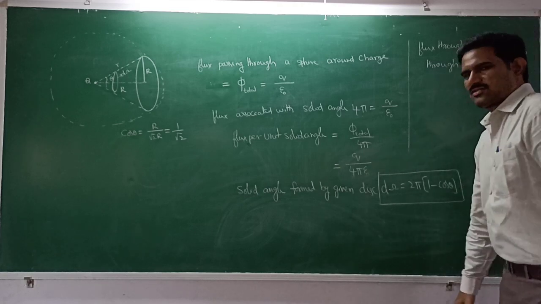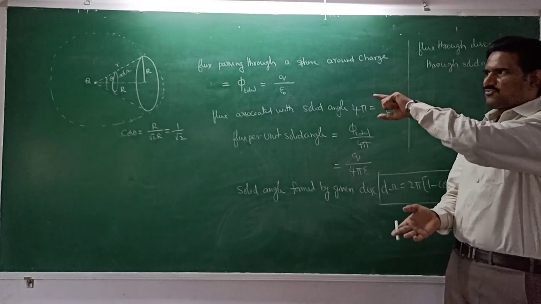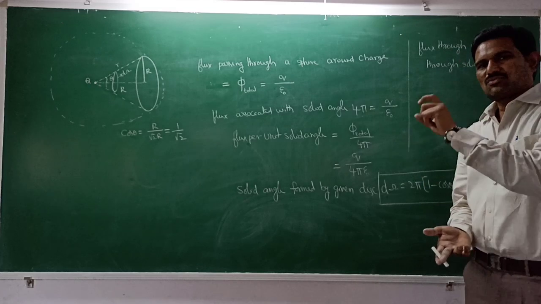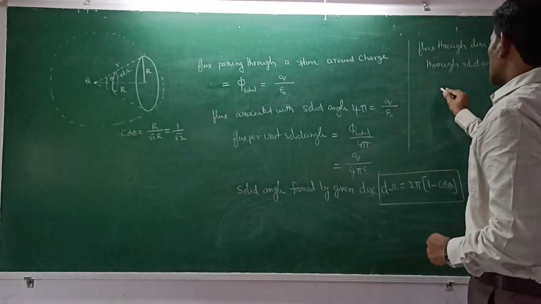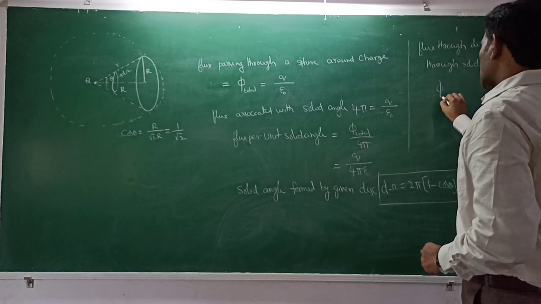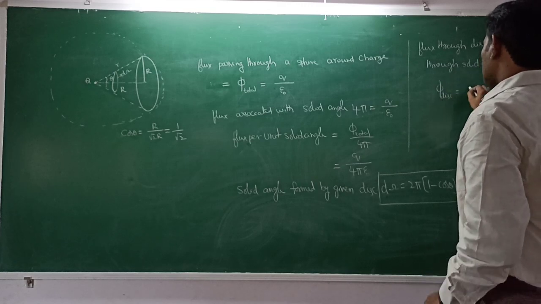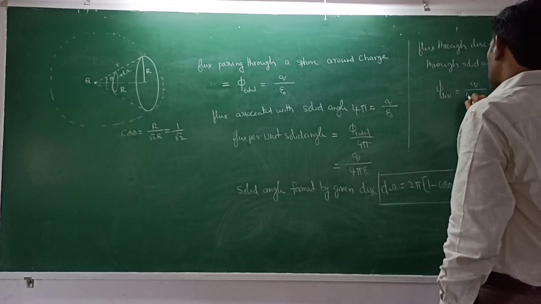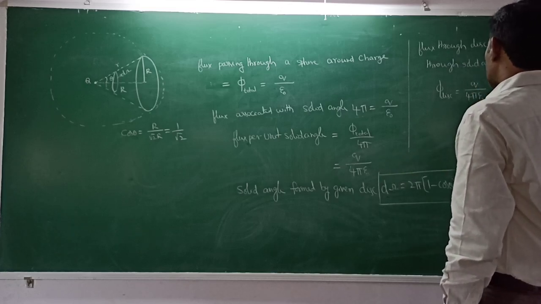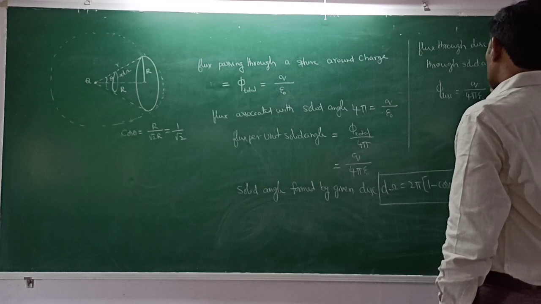Got it? We need to calculate the flux through the disk, and that is nothing but equal to the flux through the solid angle. So I can write the flux through the disk as the flux per unit solid angle, Q by 4 pi epsilon naught, into d omega.